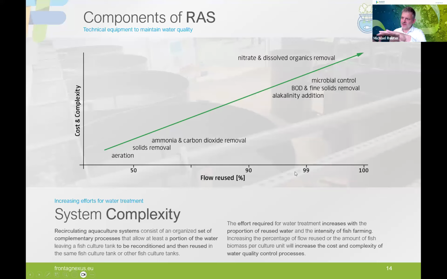If we have a system that is not very intensive, so let's say below 45 kilograms per cubic meter or even lower, we can reuse a larger part of the flow, let's say 90 or even 99%, without using all of the above methods.